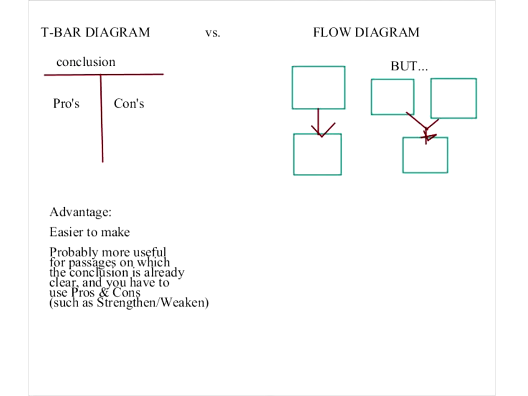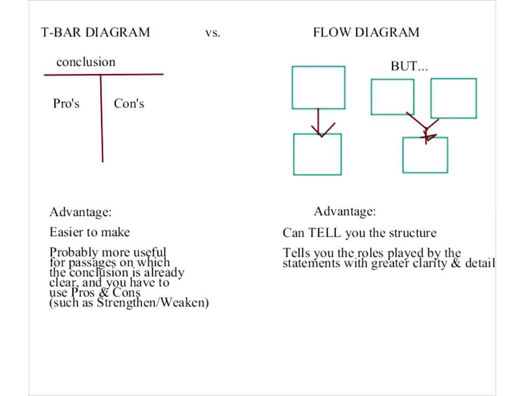The advantage of the flow diagram, though, is that it can actually tell you the structure of the argument. If you don't know where the conclusion of an argument is, then you can't make a T-bar because you don't know what goes on top of it. But in this diagram, it can tell you the structure, and it also tells you the roles played by the statements with greater clarity and detail.